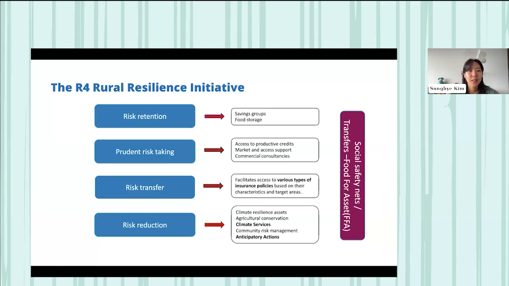Lastly, our risk retention component encourages group savings for households and communities and improves storage and post-harvest management. These efforts aim to build resilience and enhance food security while also creating social safety nets.